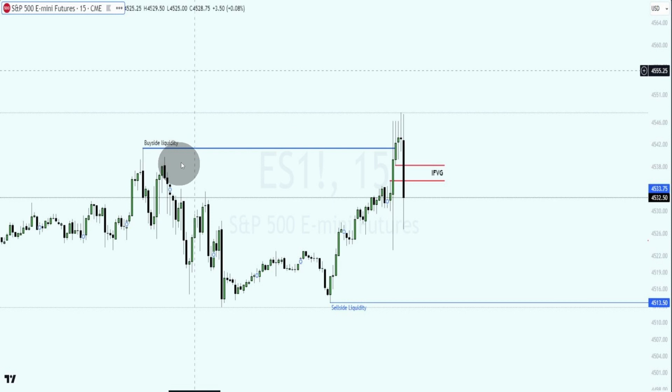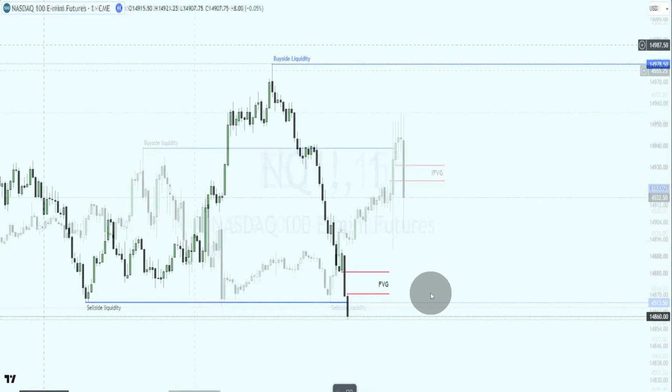So we have just swept buy side liquidity, right? And showed displacement to the downside, okay? And so we have this swing low here and this swing low here, relative equal lows, right? Sell side liquidity, which is probably where the market is more likely to draw to next. So for that sole reason, this is the valid setup out of the two, right?